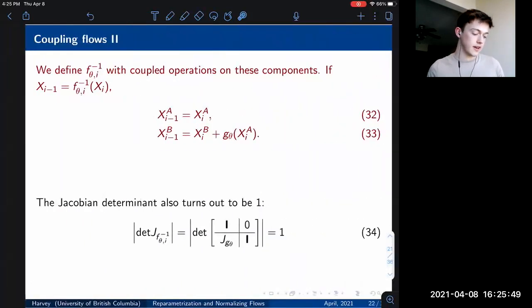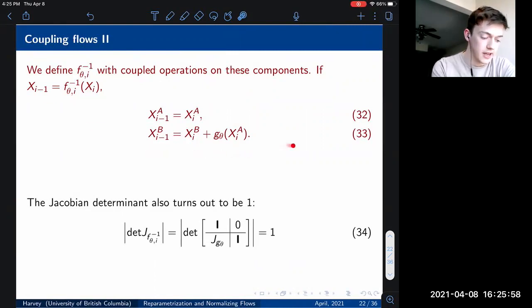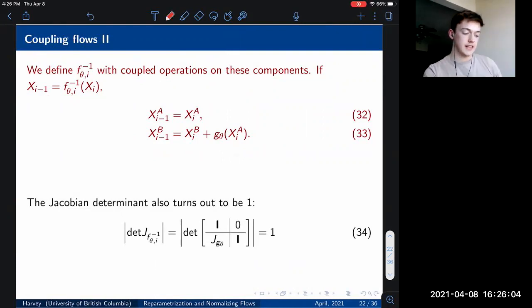Right, and so now we've seen that we can invert it. Now we might ask, how easy is it to compute the Jacobian? Up here, I've just copied the text we had before defining what the transformations are. And it turns out it actually is very easy to compute the Jacobian, because the Jacobian determinant is always 1.